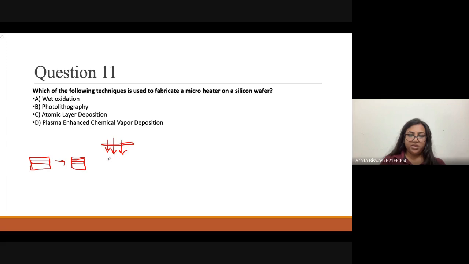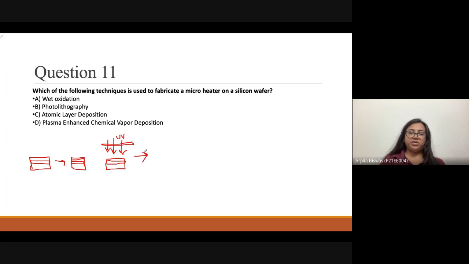So on the nickel there is a photoresist, and below there is silicon dioxide. When UV exposure is done, they have done the development process.